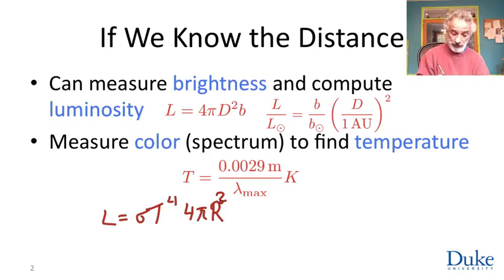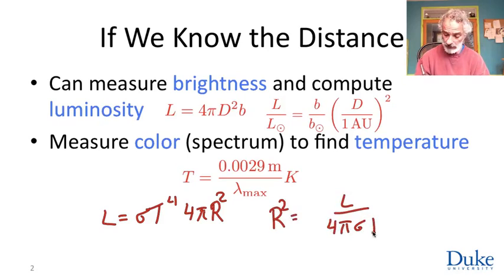And now, if I know T and I know L, I can extract an expression for r. I find that r squared is L over 4 pi sigma T to the fourth, or if I just want r, I simply take the square root of both sides.